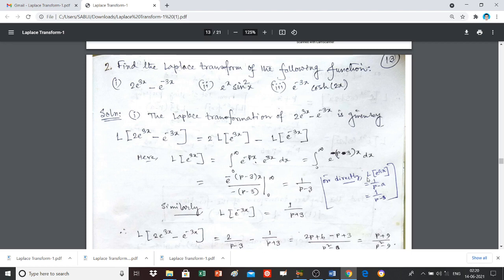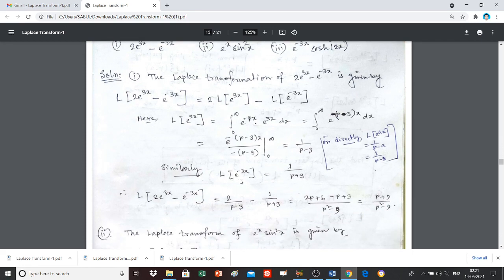I am going directly here, and the entire calculation is also here, so you can follow this or write directly from here. Similarly, the Laplace transform of e to the minus 3x gives the result: since a is minus 3, that will give you 1 by p plus 3.